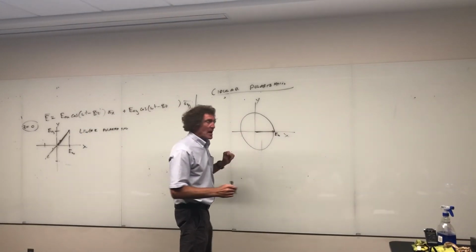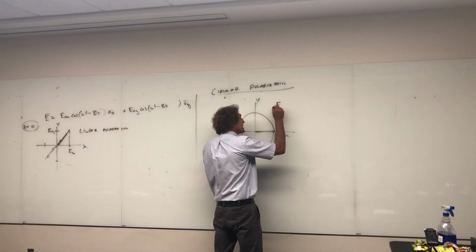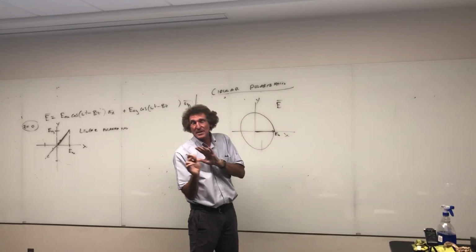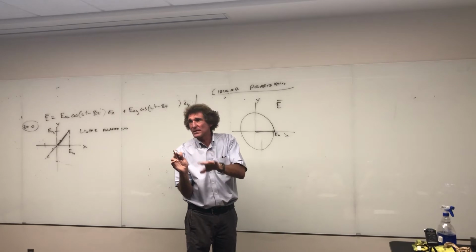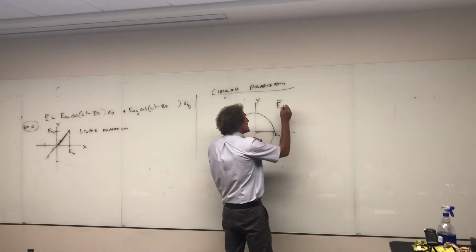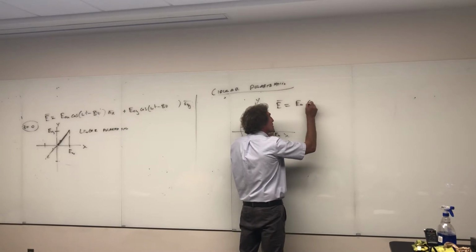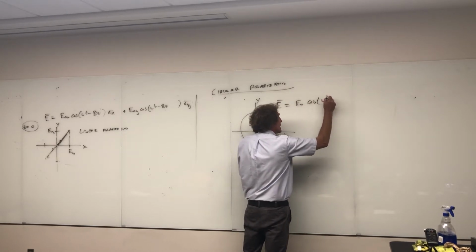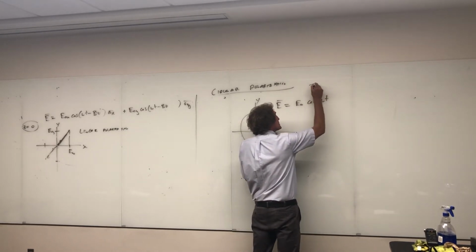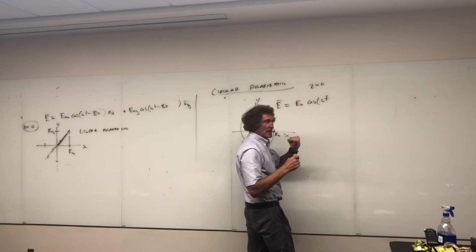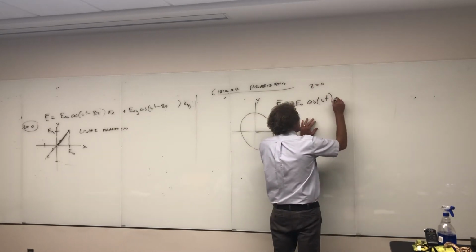So mathematically, the way they do this, and there's a lot of ways to, that's why I'm not steeped in the math. There's so many ways to express this. They're going to say they have some E naught, all right? And then there's going to be cosine of omega t. Now let's just assume z equals 0, so I won't even put in the beta in there. And this is going to be a_x.